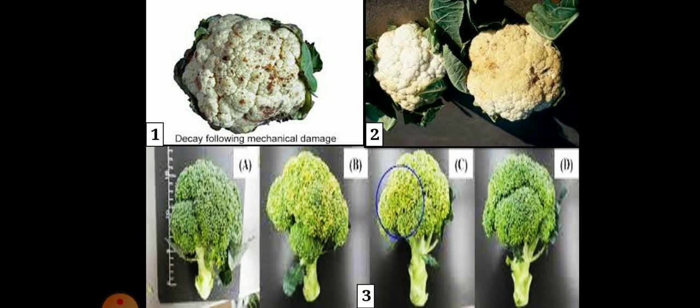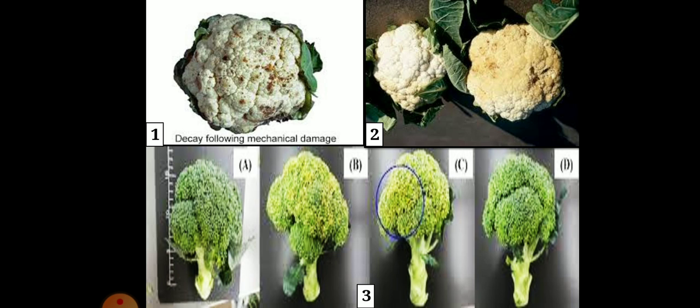The surface of that cauliflower is being decayed because it collides with other commodity. That's why in packing, a divider must be present in order for those high-valued crops like this cauliflower not to be damaged. Yon.